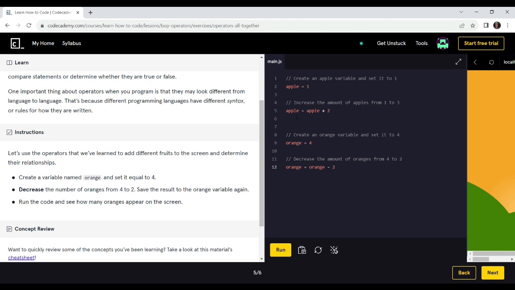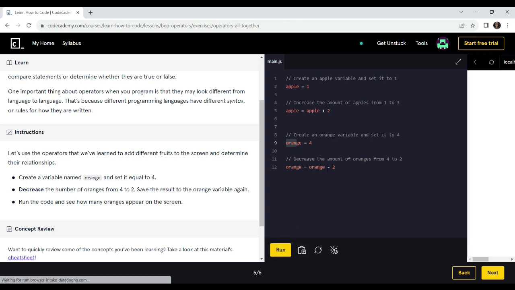The example given with regard to apples, the apple variable, is explained how apple is equal to 1, but then the same variable apple is equal to the previous variable apple with the addition of 2. So that's a very similar operation and method that we employed with the orange variable. So we're going to run it and see what happens.